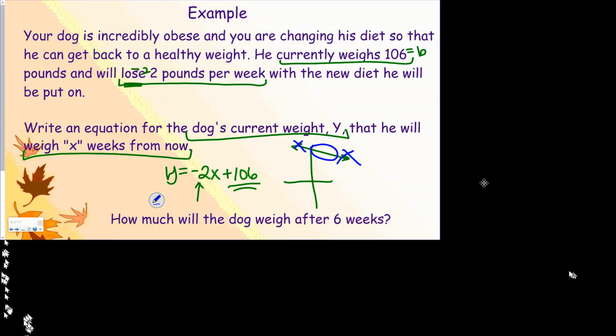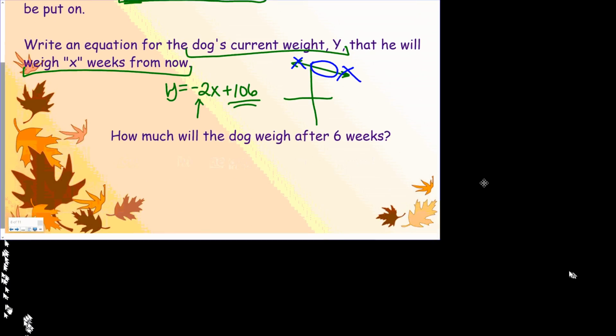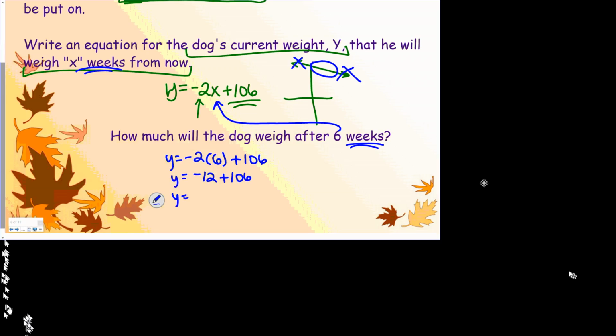And we also know it doesn't make sense to go in the other direction as well. If we wanted to take this further and figure out how much the dog will weigh after 6 weeks, well, our weeks is our x. So that means we put 6 in for x and simplify. So negative 12. So that means y, or his weight, would be 94 pounds after the 6 weeks on the diet.